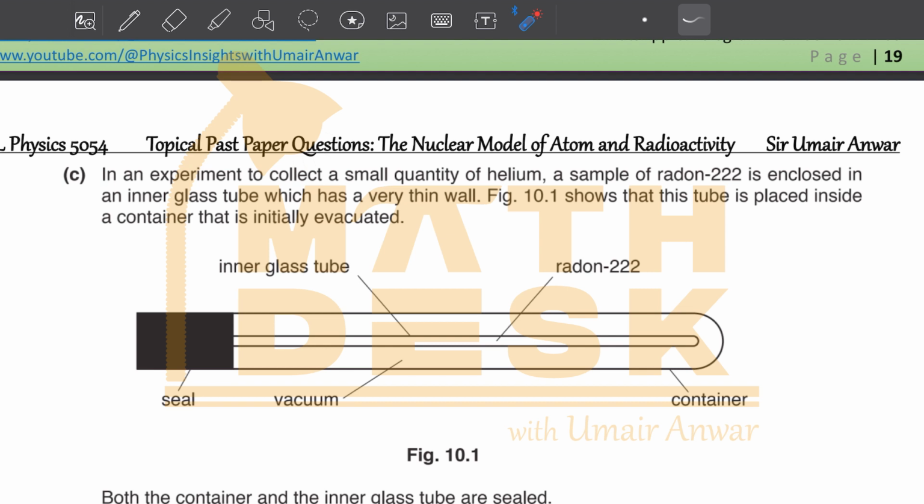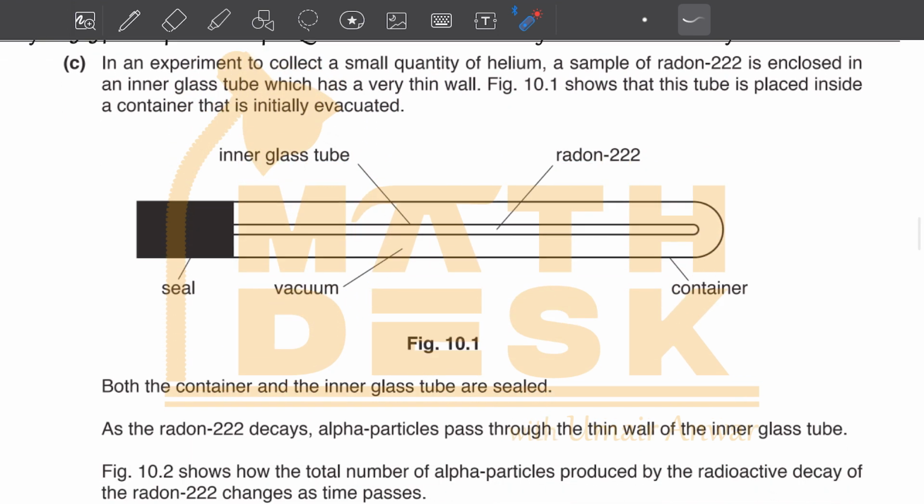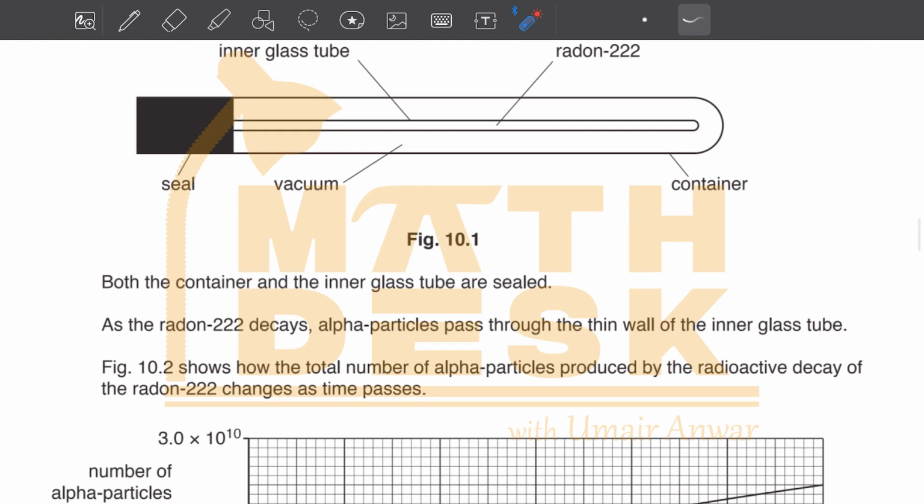Figure 10.1 shows that this tube is placed inside a container that is initially evacuated. Both the container and the inner glass tubes are sealed. As the radon-222 decays, alpha particles pass through the thin wall of the inner glass tube, and they come to this region which is evacuated.